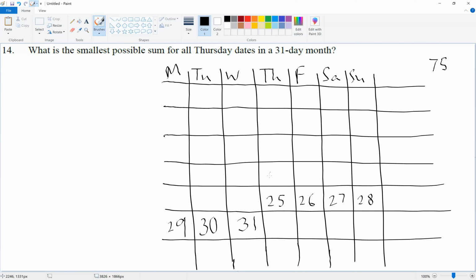Then this should be 18, 11, and 4. Do you understand, Ami, that this could be a calendar? Yes. So what is the sum now? The sum would be 15, 33 plus 25, and then 58. That is the smallest, because previously we got 75.